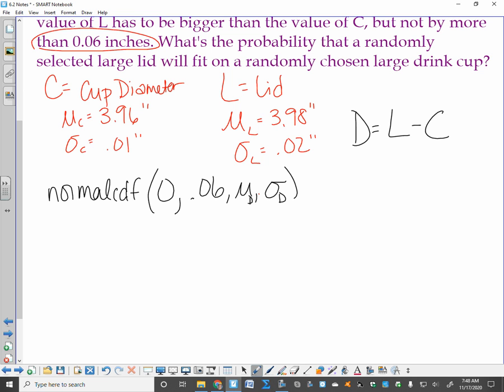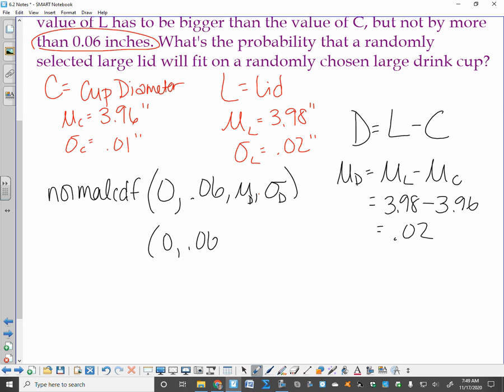D is going to be lid minus cup. Lid, because I want the lid to be bigger. So then mu sub D is mu sub lid minus mu sub C, which is 3.98 minus 3.96, which is 0.02. So I have just found that, and I'll draw my curve here in just a second.